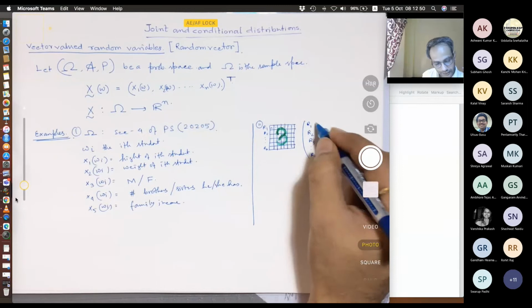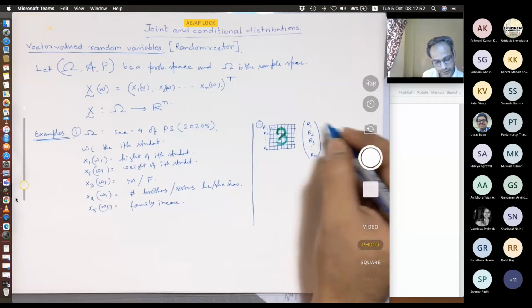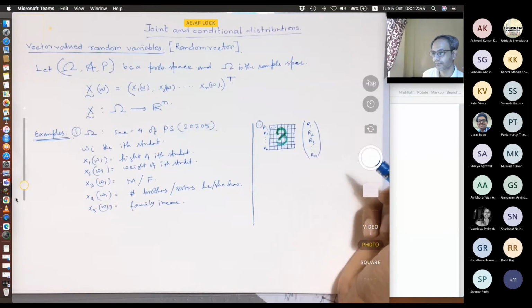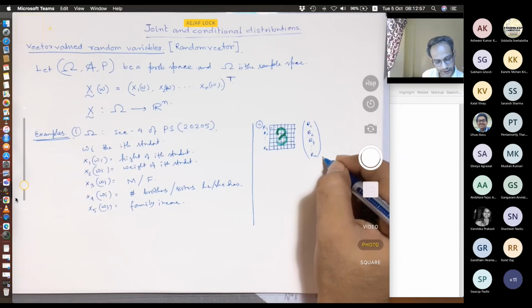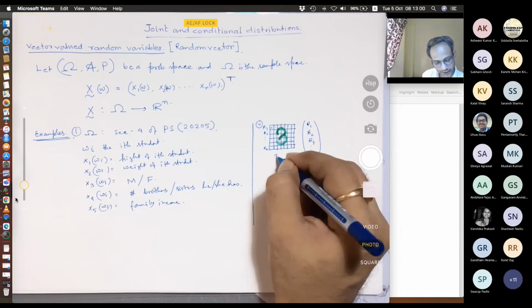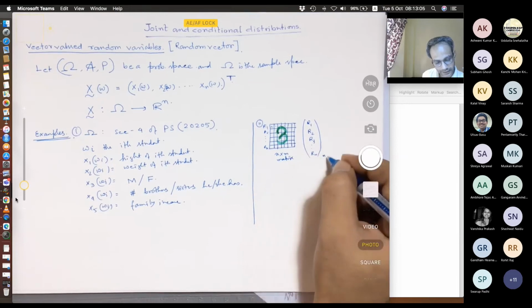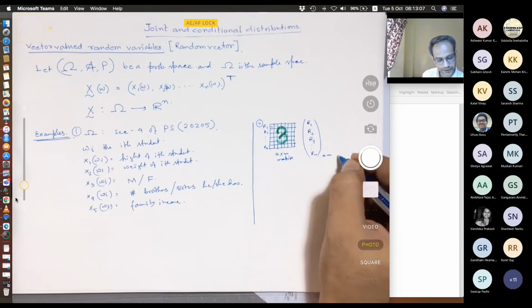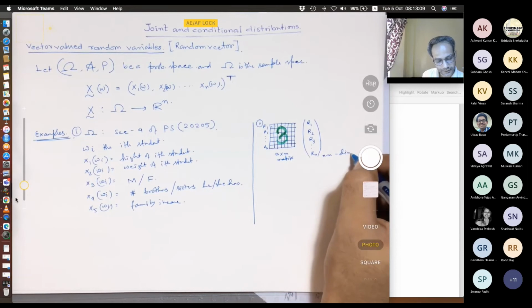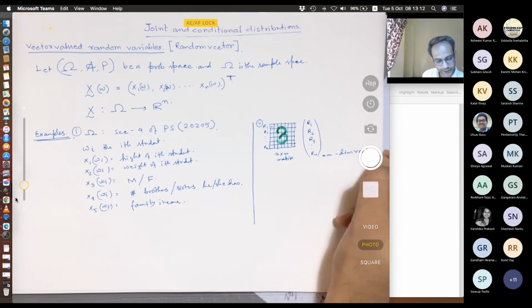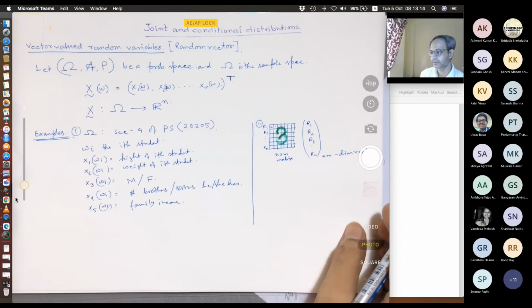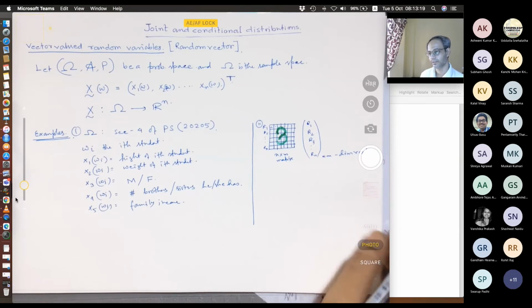With n rows and m columns, this is an n cross m matrix, but it is also an n times m dimensional vector, and you can go for the analysis of this kind of vector. So the vector valued random variable has huge applications in statistics.